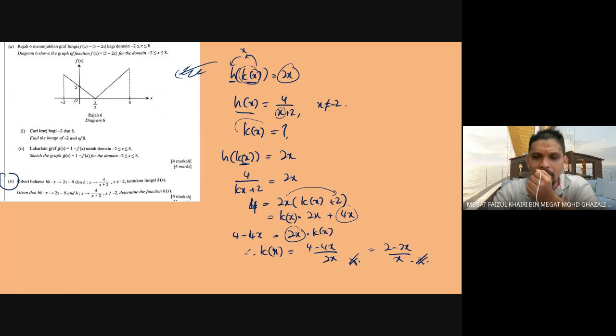Okay. This question is also the same as the previous question, page number 2. So I will jump straight to this question here.